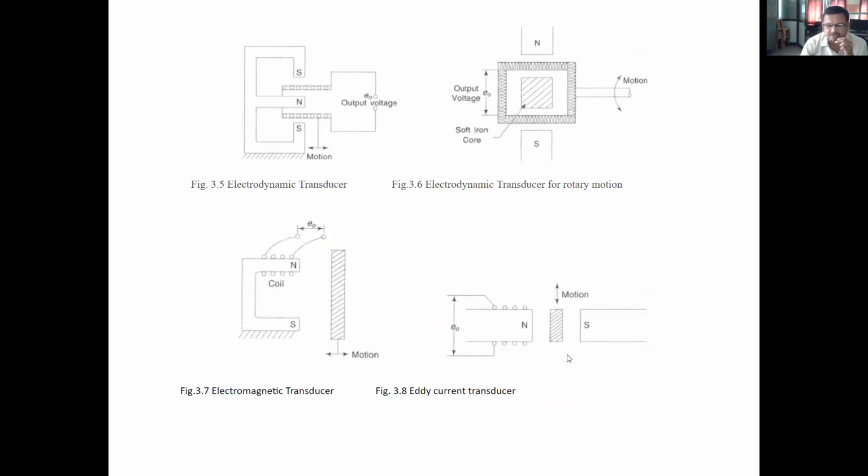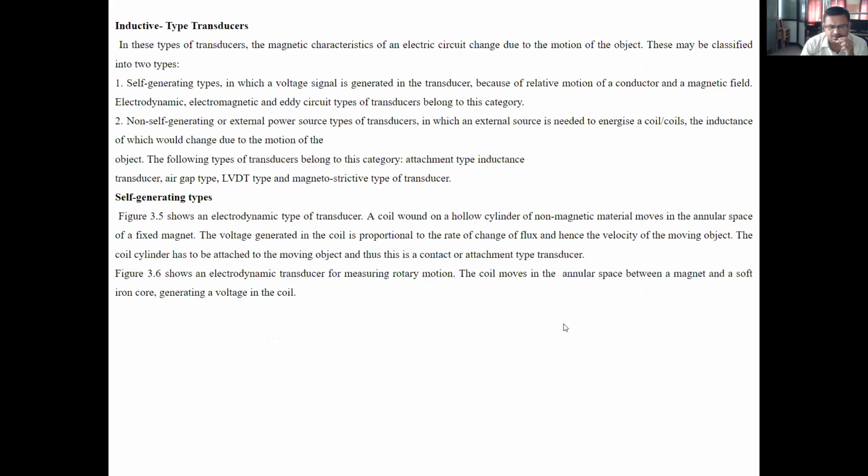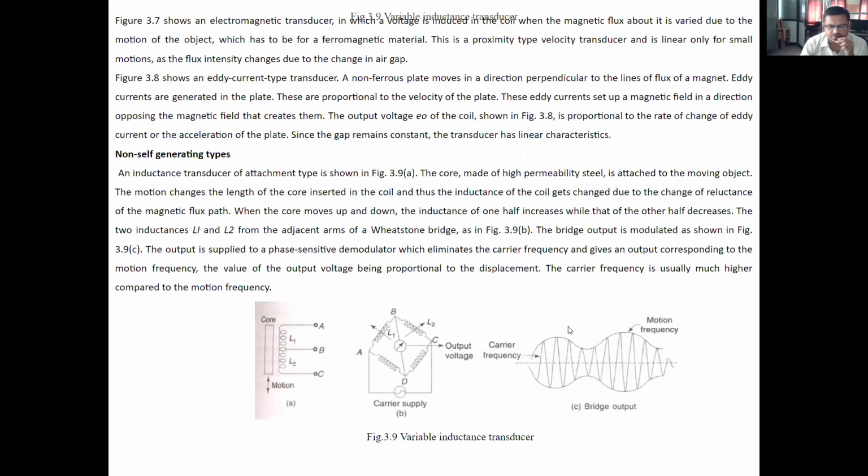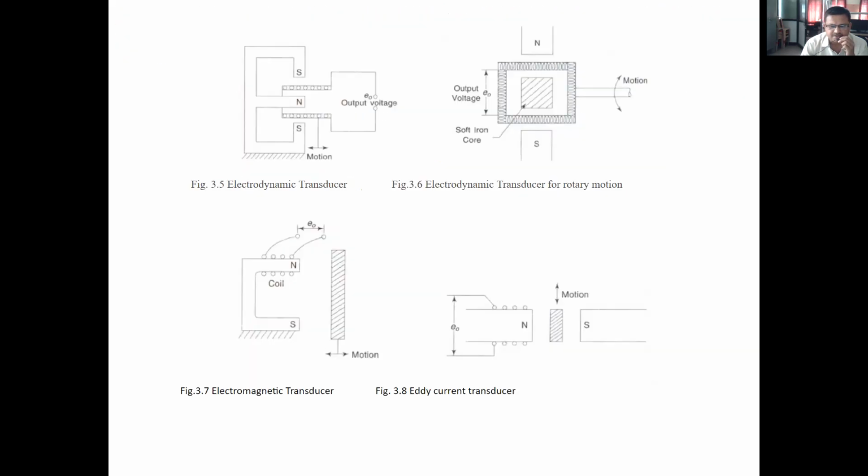That magnetic flux is induced in this object or ferromagnetic material, and this induced voltage is known as eddy current. It will oppose the original magnetic field.